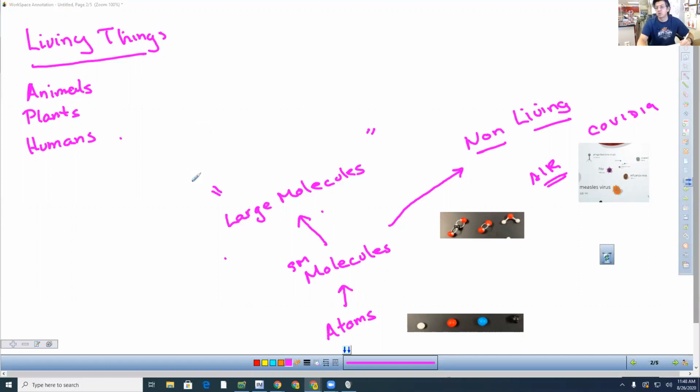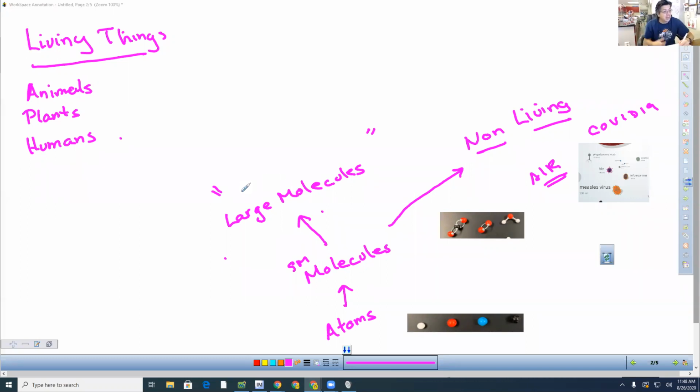What are large molecules called? Desiree, what are they called? Protein. Well, a protein is an example of a large molecule. Cells? No, cells are cells. What do we call large molecules? There's a fancy word for that. Eileen, what do you got?